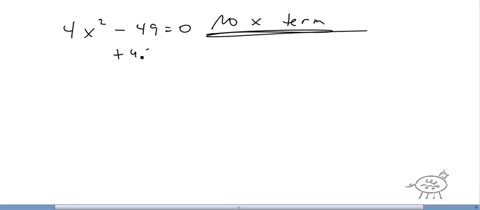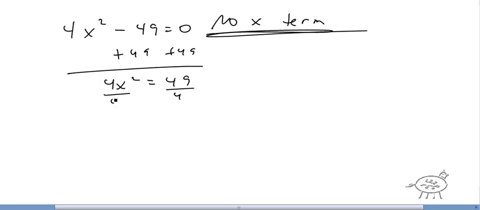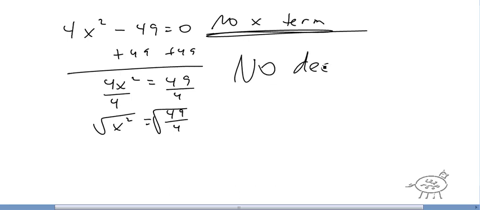So I'm going to add 49 to both sides. I get 4x squared equals 49. Divide by 4. And you're like, oh man, this is brutal. Not really. I take the square root of both sides. And please, no decimals. If you give me a decimal, I'm marking it wrong.